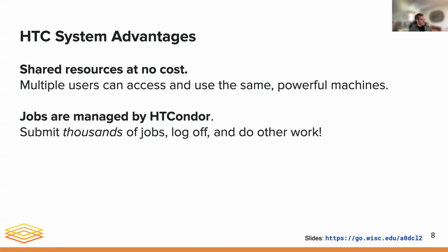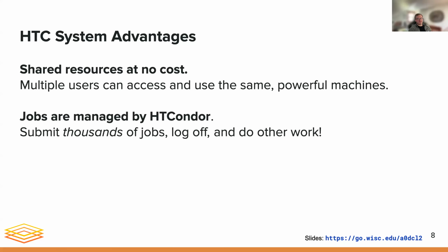And then another big advantage that you have over running something on a lab machine or your laptop is that once you describe that work to HTCondor and hand it off to have it manage it for you, you could just walk away, and Condor will find a machine somewhere and run it for you, and move results back to the AP. And it doesn't matter if you're sitting at your laptop that whole time.